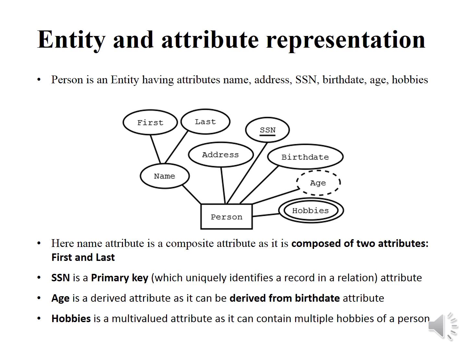In this diagram here, the name attribute is a composite attribute, as it is composed of two attributes, first name and last name. Social security number is a primary key attribute. Primary key means the value of this attribute will be unique, which will be used for identification of a record in a relation.